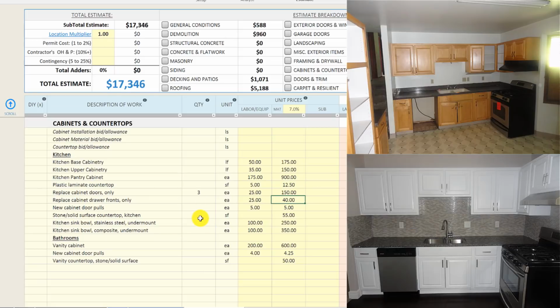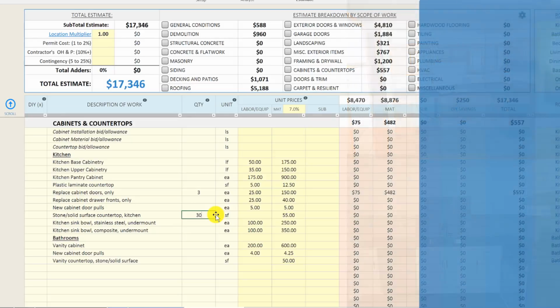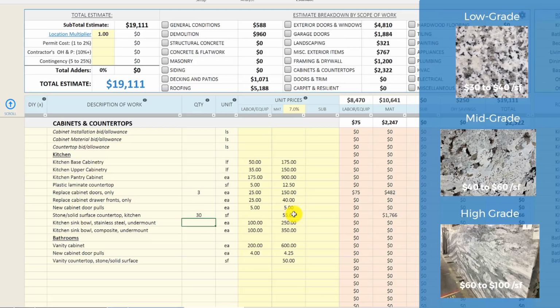And then we installed new countertops. It was a pretty small kitchen. I think there was only around 15 lineal feet of base cabinetry. Those are typically about 2 feet wide, so 15 lineal feet times 2 is about 30 square feet of countertops, and $55 a square foot is a decent budget number.